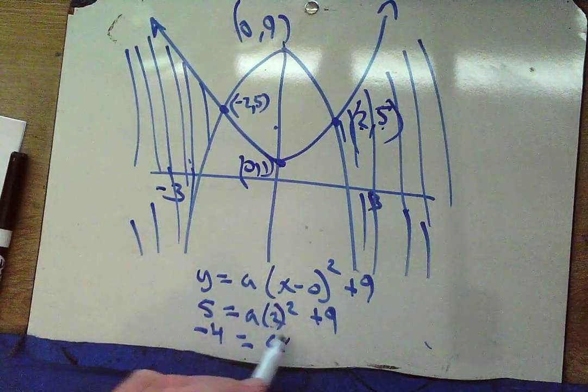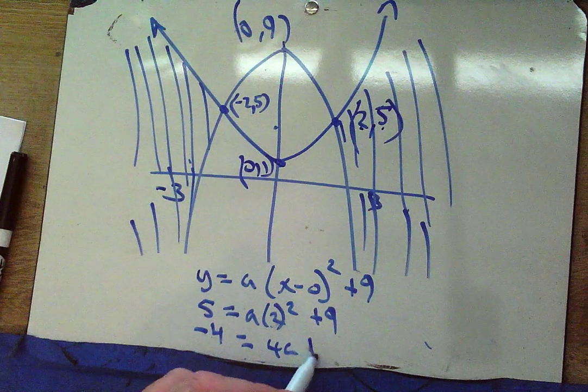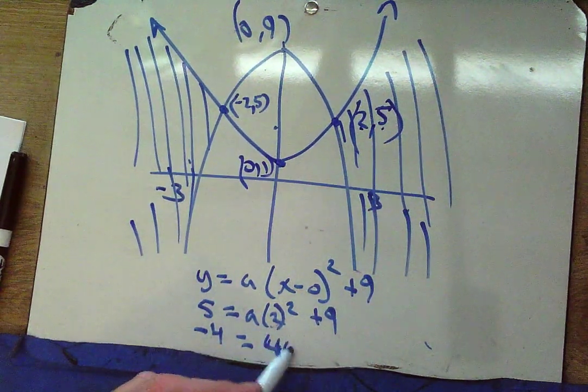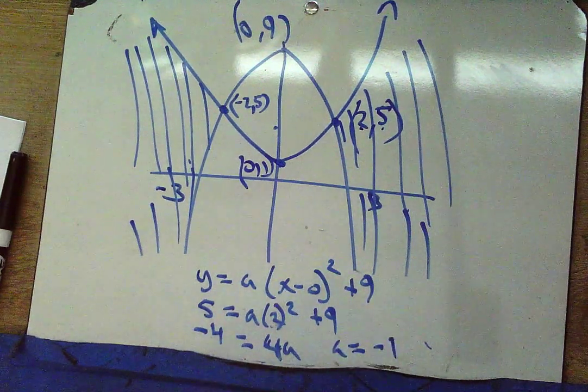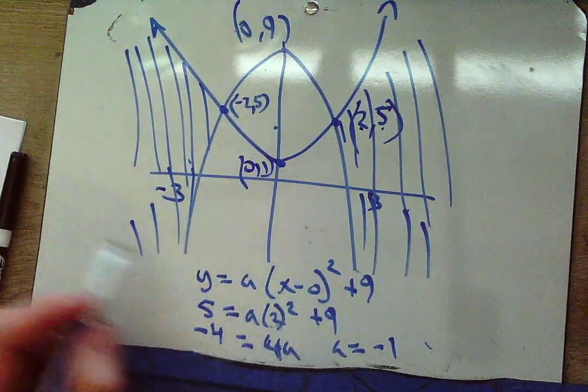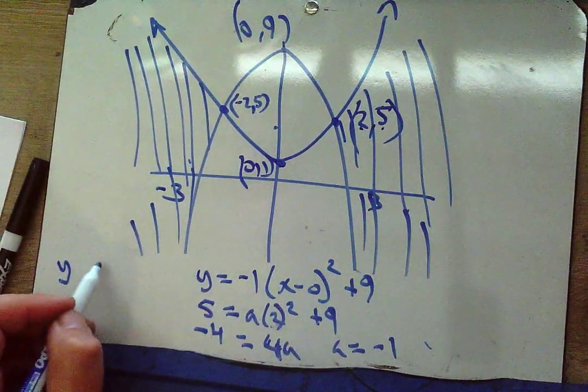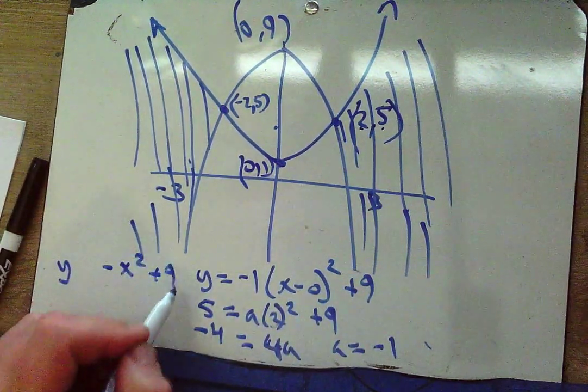So this is 4a plus, I subtracted the 9 already. All right, so that's 4a, and so a is negative 1. So my first inequality is this, which I can tidy up to be y, negative x squared plus 9.